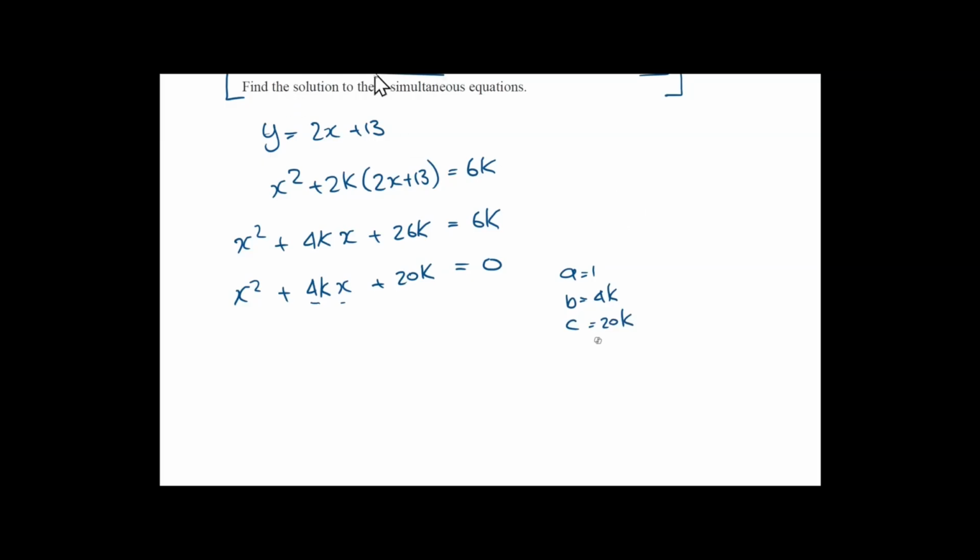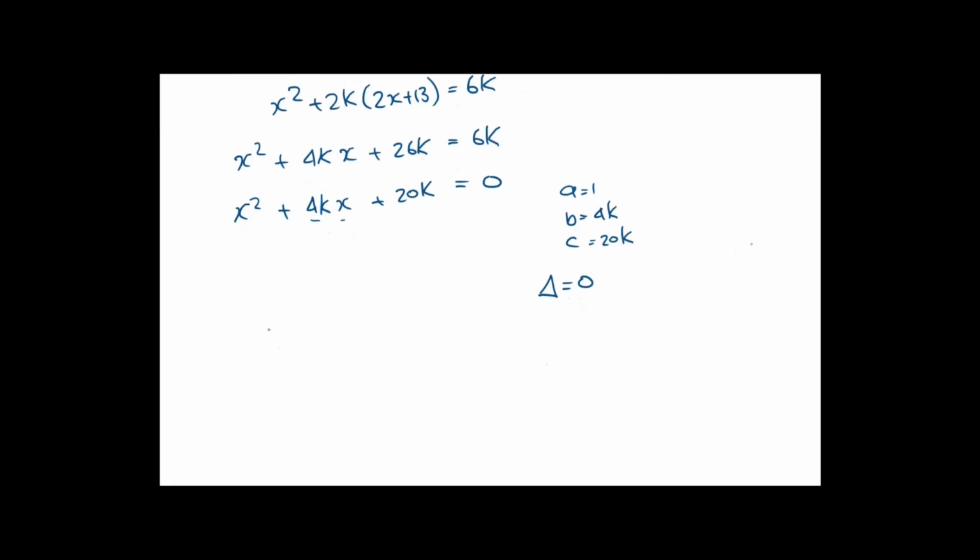And if there is only one solution, that means that the discriminant, the determinant, sorry, equals 0. So that tells us that b squared minus 4ac equals 0. So 4k squared minus 4 times a, which is 1, times 20k equals 0.